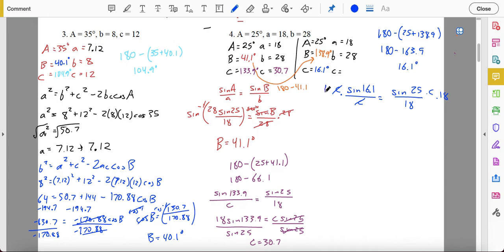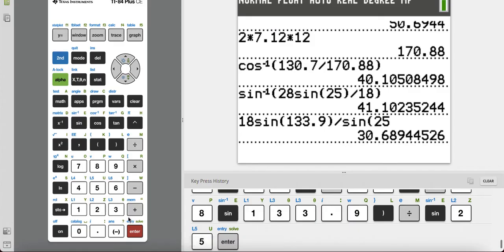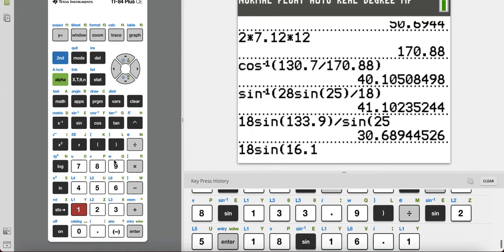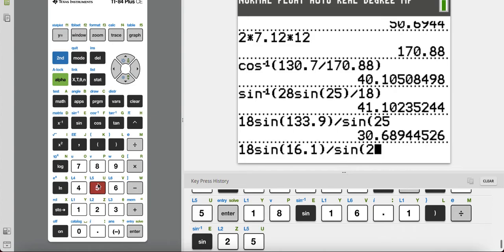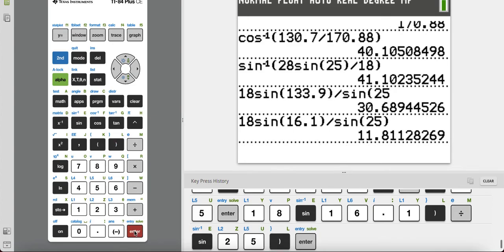So I've got 18 sine 16.1 equals c times sine 25. We can finish this by dividing both sides by sine 25. This reduces to 1. Here we're left with c equals 18 sine 16.1 over sine 25. 18 times the sine of 16.1 divided by the sine of 25 degrees. And we have 11.8.